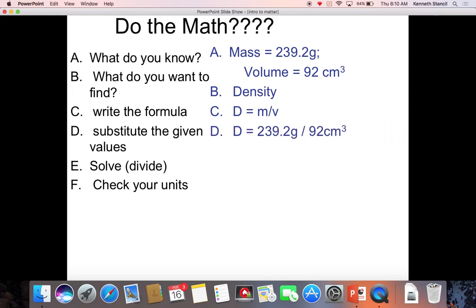We substitute our known variables. Density equals 239.2 grams divided by 92 centimeters cubed. We do the math and we come up with 2.6 grams per centimeter cubed.